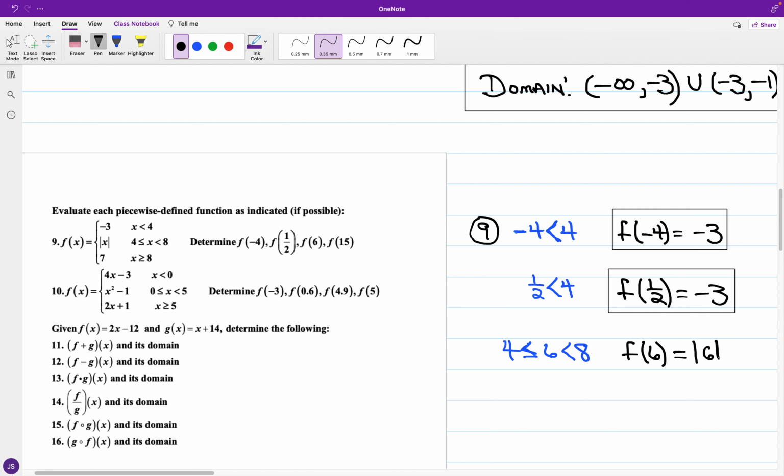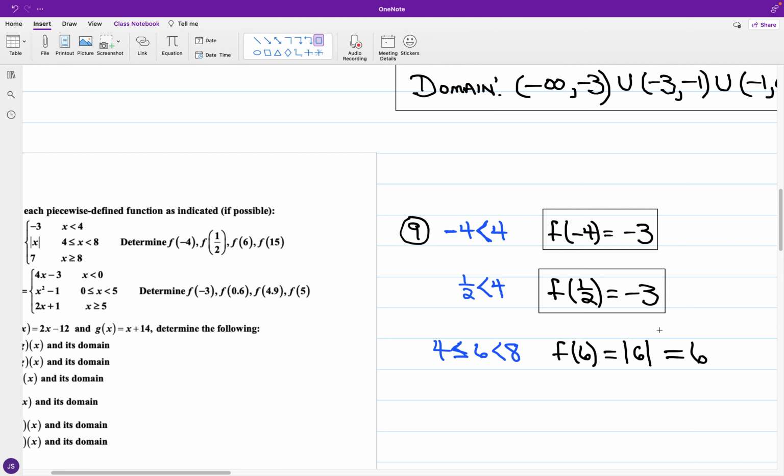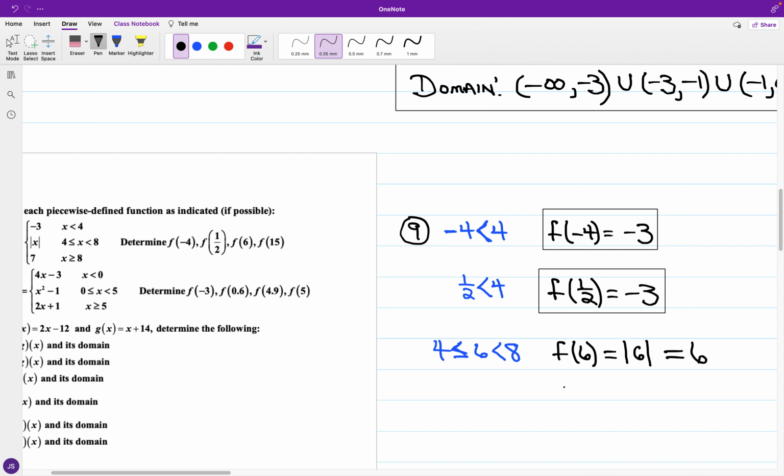And specifying numerically, the absolute value of 6 is equal to 6. So you have that f of 6 is equal to 6.